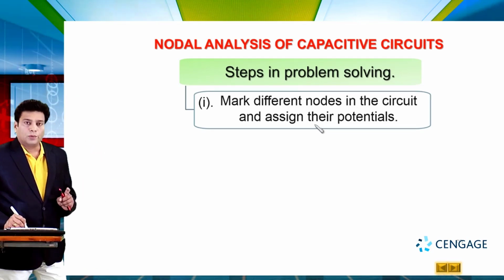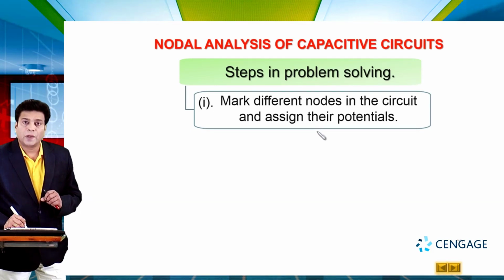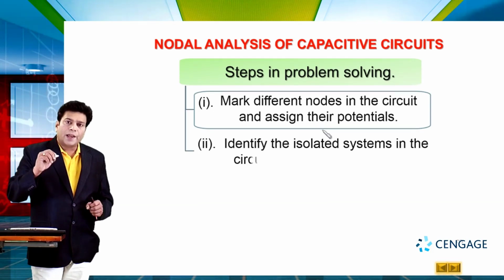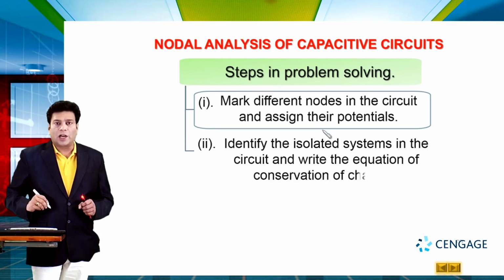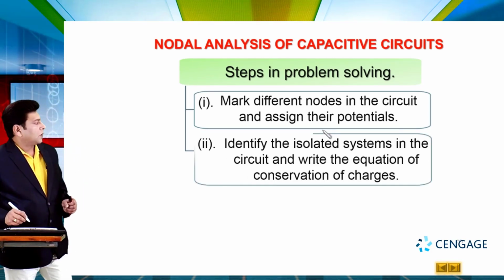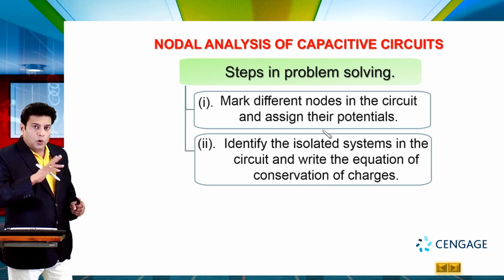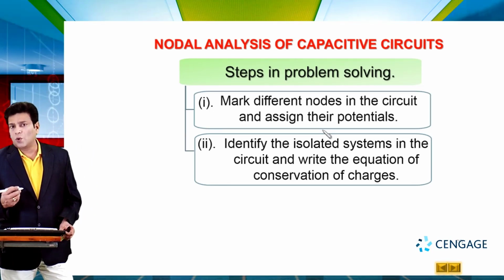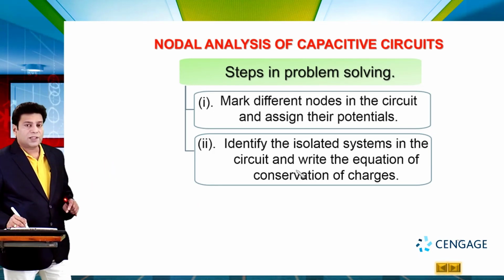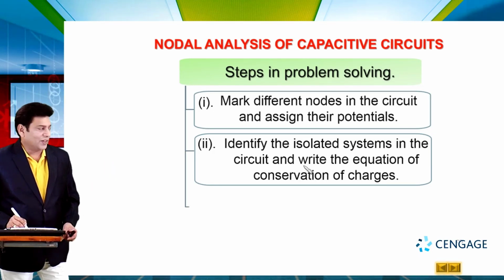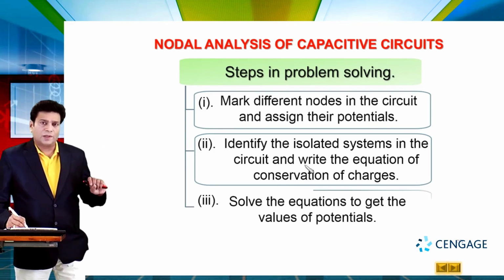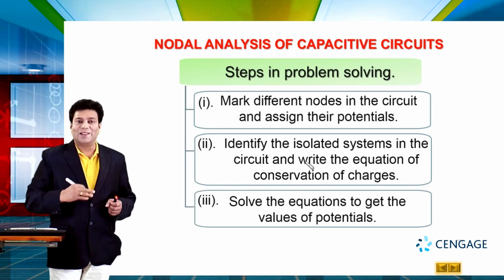Now step number 2, identify the isolated systems in the circuit and write the equation of conservation of charge for the circuit. After doing so, we will have sufficient equations for getting the unknown values. Now the third step is nothing but solving the equations. These are 3 simple steps. You can say 2 simple steps.